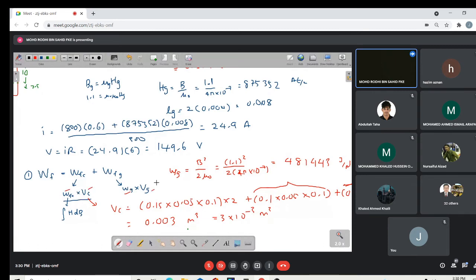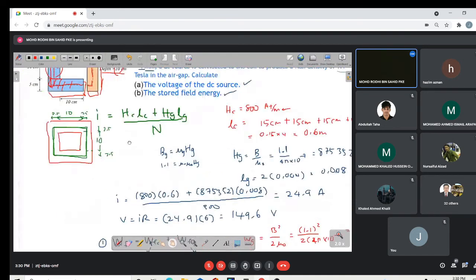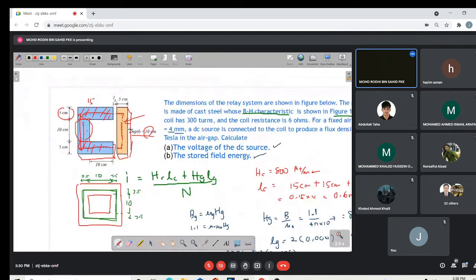The last one is the volume of the air gap. So what is the volume of the air gap? For this air gap, the volume is 5, which is 0.05, multiply with the air gap. What is the air gap? 4 millimeter, is it? 0.004. 0.4 millimeter, right? 0.004.